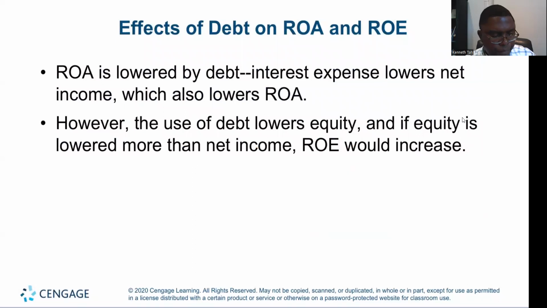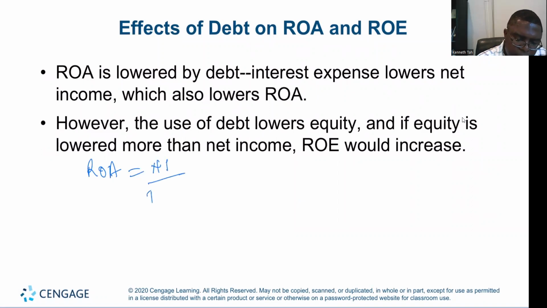All right. So the effect of debt on return on equity and return on asset. So debt tends to lower return on asset, but it increases return on equity. So if we think about return on asset, we have said that is equivalent to net income divided by total asset.